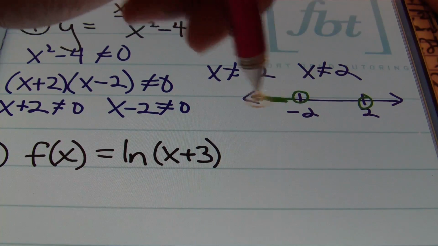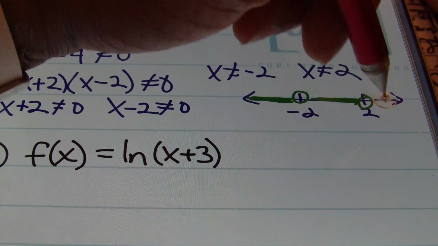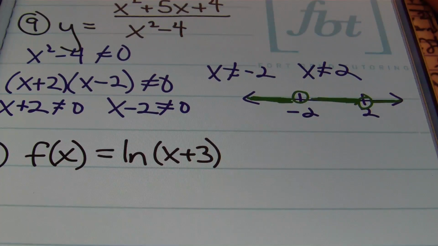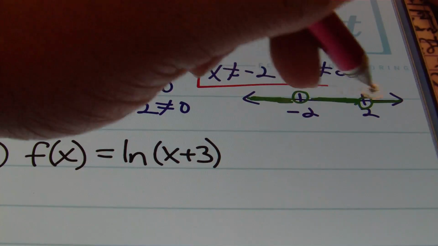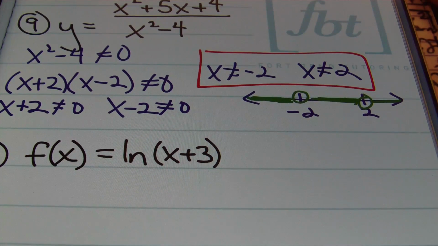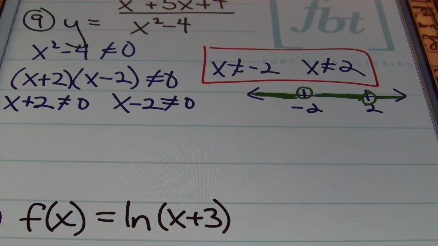So that means everything to the left of negative 2 is good, everything in between negative 2 and 2 is good, and everything to the right of 2 is good. So this is what you need to represent in your interval notation. You could have written your answer like this to say, hey, I need to exclude negative 2 and positive 2. But if you want to be a boss, you want to write it in interval notation. So your answer will look just like this.